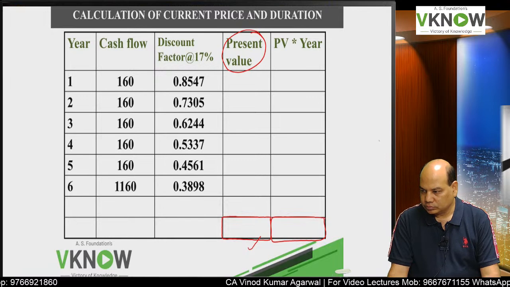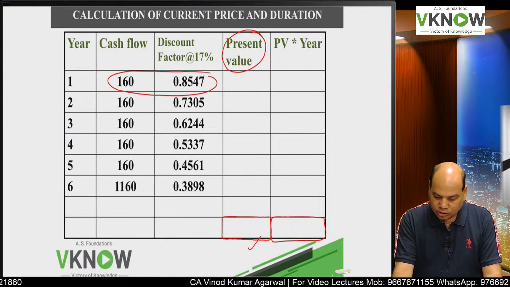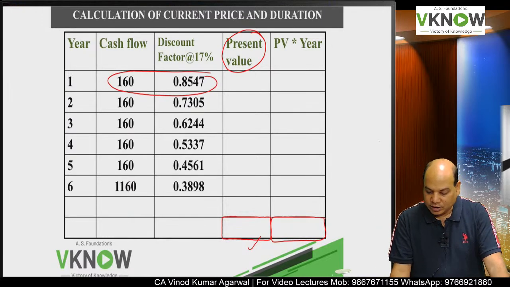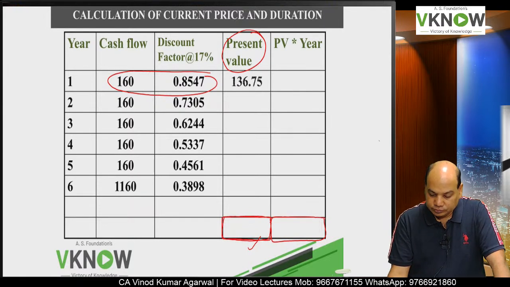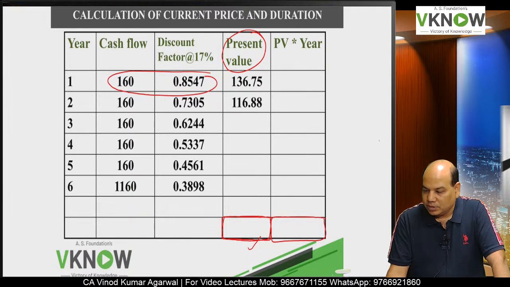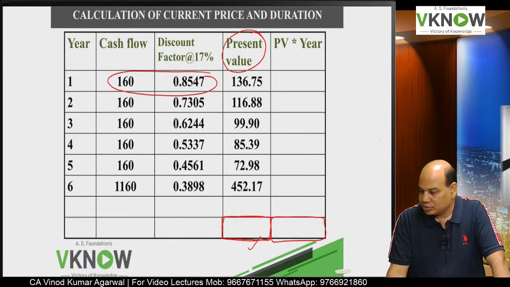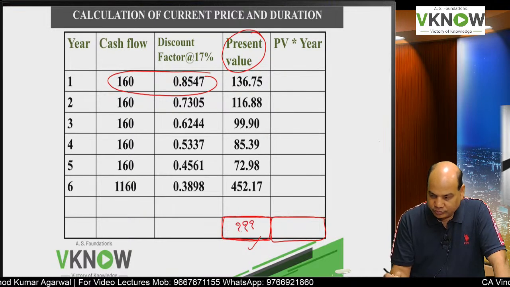Now compute the present value: multiply these two columns, multiply equal to memory plus, and then at the end you can use the memory recall function for the total. Check the answer now. Multiply equal to memory plus, multiply equal to memory plus, do it. And now I want you to give me the total here.